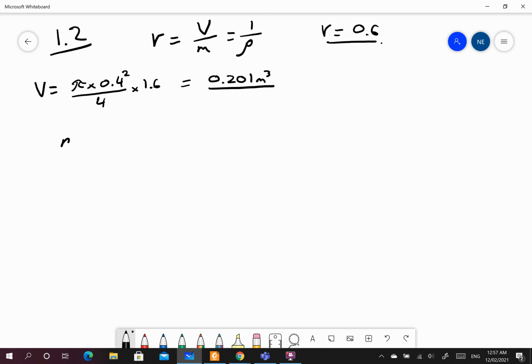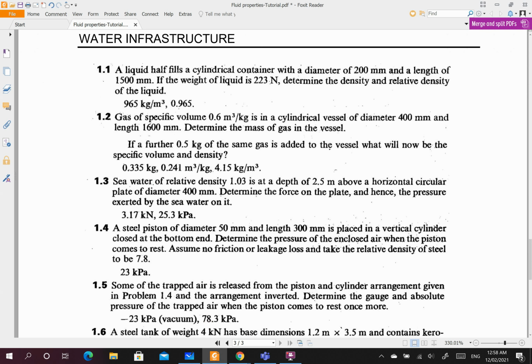So mass is equal to the volume over the specific volume. So I have 0.201 all over 0.6, which means I get a mass of 0.335 kilograms. Cool, 335 kilograms. Beautiful.